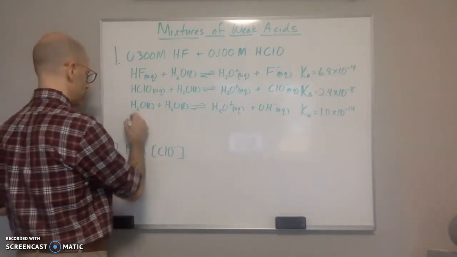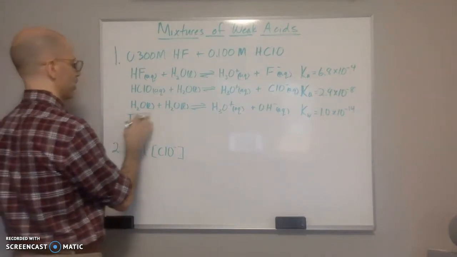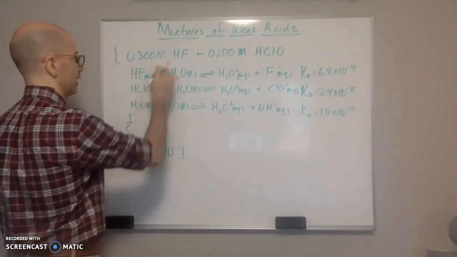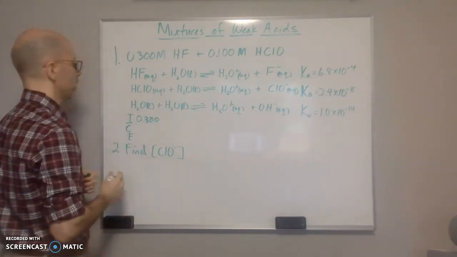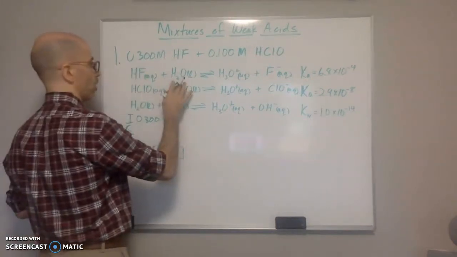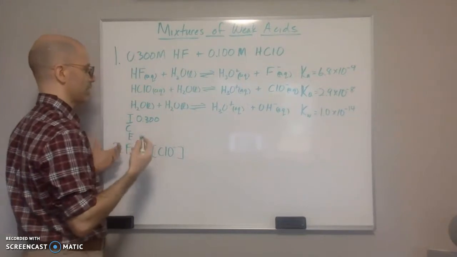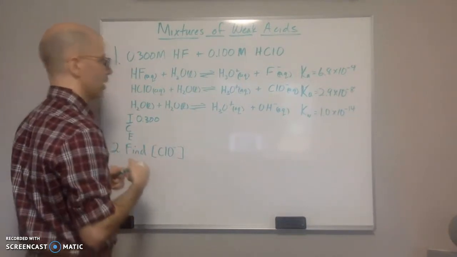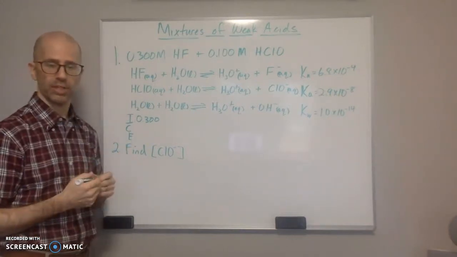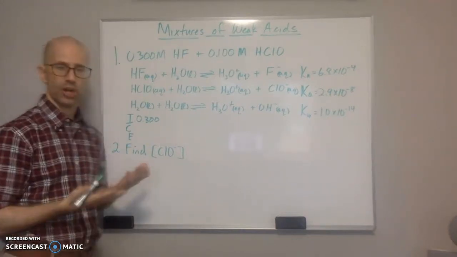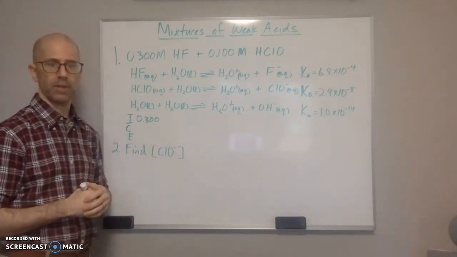So if we do our ICE chart, the initial concentration of the HF is 0.300, and again, we're ignoring water. Water is not part of the equilibrium expression because it's a liquid, and liquids and solids are not part of the expression because they don't change their concentration. And plus, you have so much water compared to the acid.